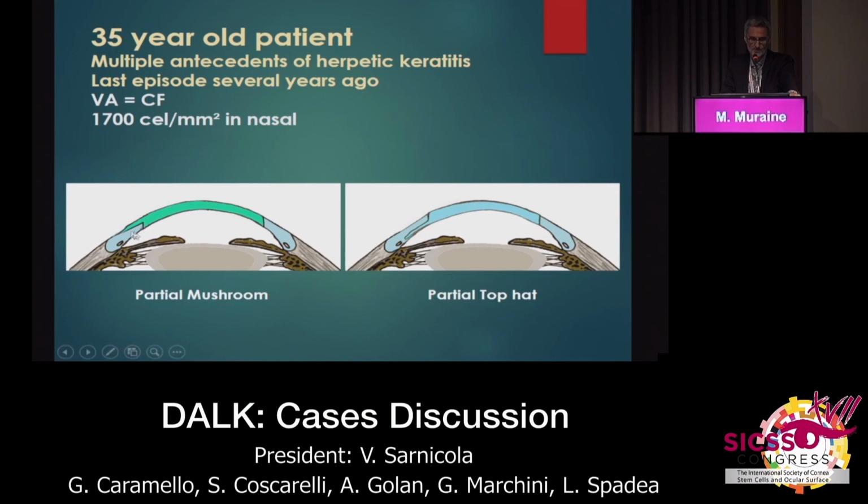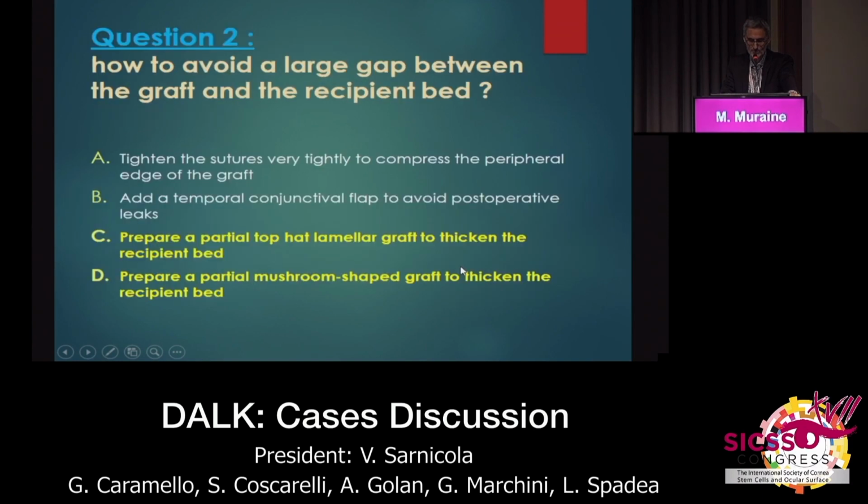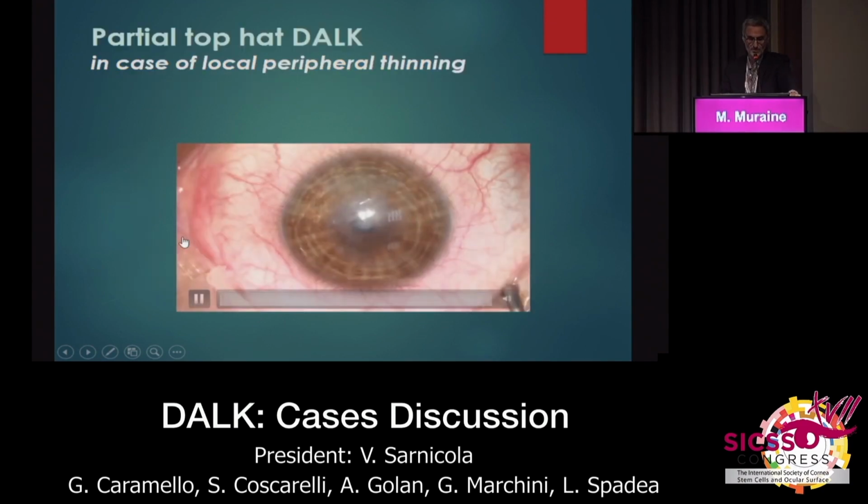So most of the time it's difficult to dissect a partial mushroom graft manually, and it's easier to perform a top hat graft manually. So either you have a femtosecond laser and you can perform a partial mushroom, but it's difficult. If you don't have one, I advise the manual one. So I think the good answers are C and D, and I show you the preparation.